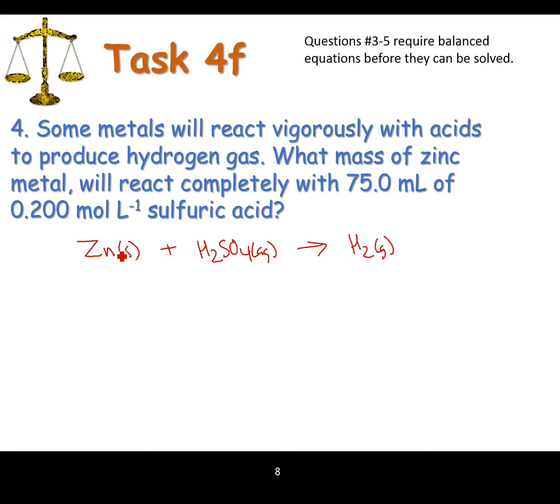The zinc is going to kick out the H2 like so. So the other thing that is going to be necessary is we're going to form a compound of zinc sulfate in solution. So ZnSO4 aqueous. And we see this works because zinc is going to form a 2+ ion to bump out these 2 positive hydrogens. So I will let you continue on that on your own, solving the problem based on that equation.